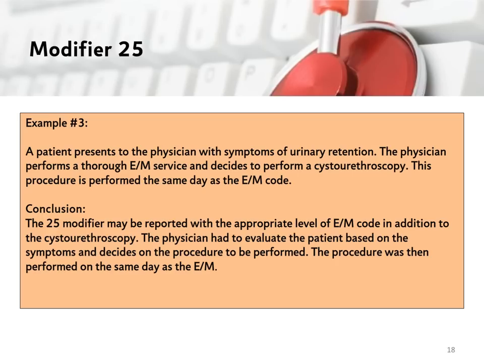The conclusion: the 25 modifier may be reported with the appropriate E&M level. In addition to the cystourethroscopy, the physician had to evaluate the patient based on the symptoms and decided to perform the procedure. The procedure was performed on the same day as the E&M, therefore it meets the requirement of appending modifier 25.